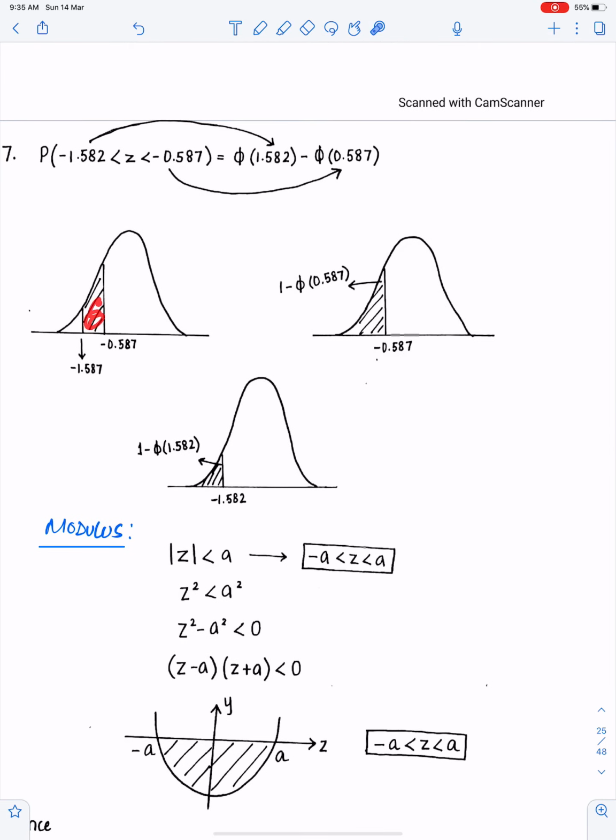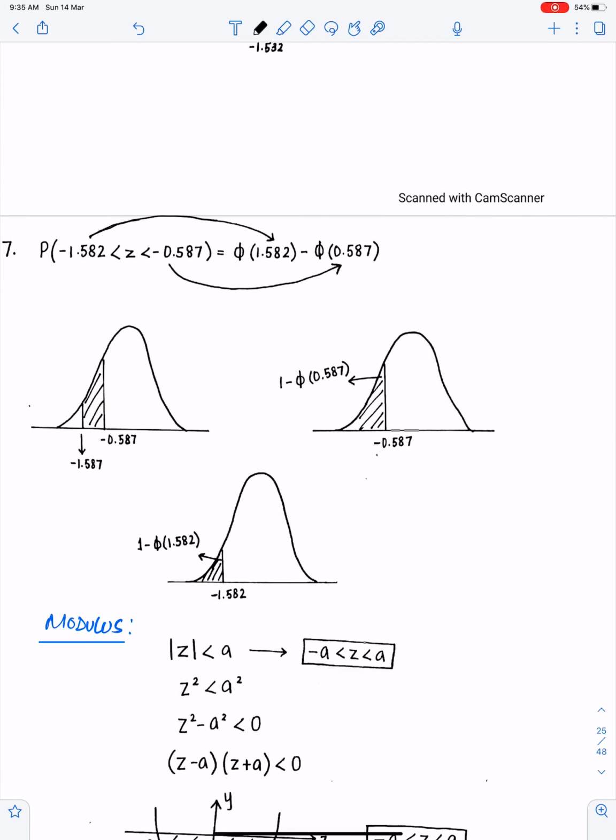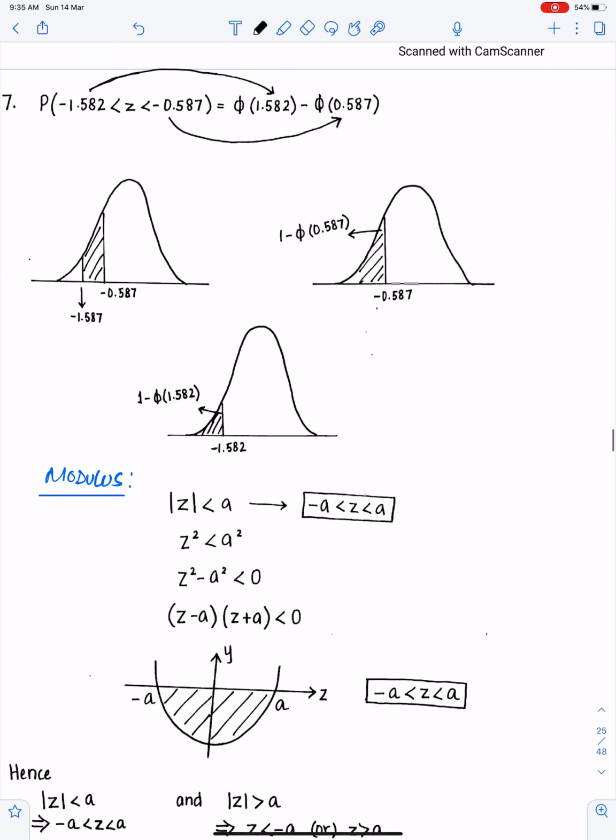You need this area. So on the left side of this reference line, this area is greater than this area. See, this area is here. This is 1 minus phi, and this area is 1 minus phi. So this minus this. When you do this minus this, you will get this equation. Let me write this here for your conceptual clarity. 1 minus phi 0.587, 1 minus phi 1.582.